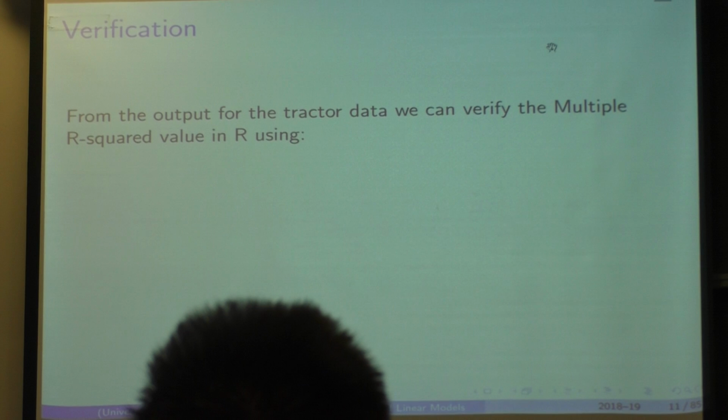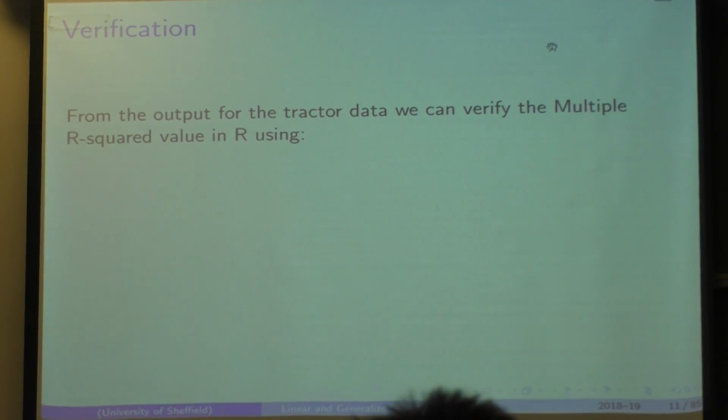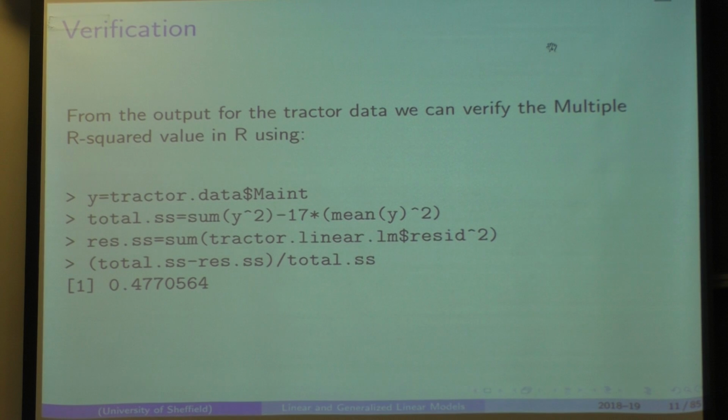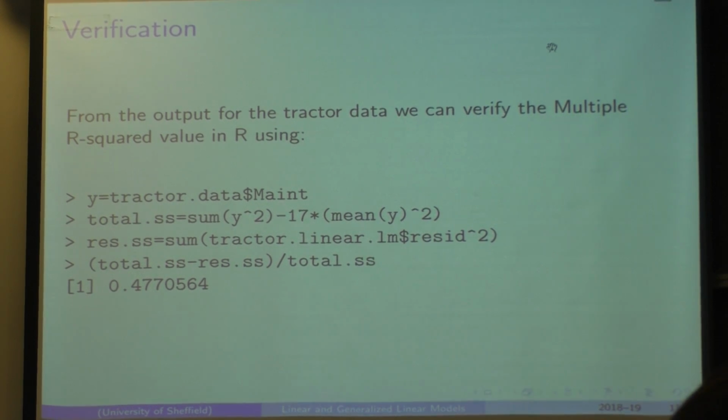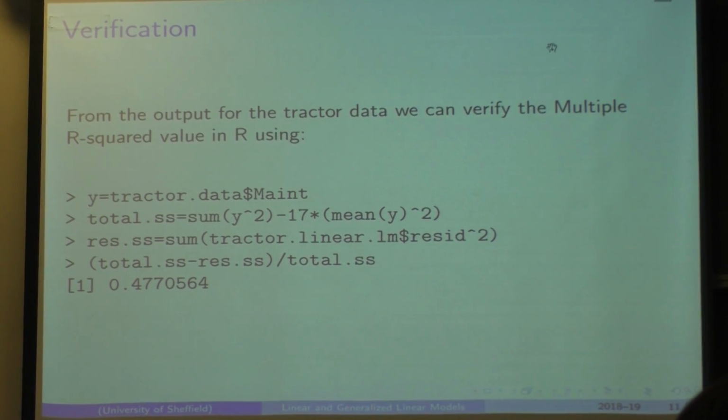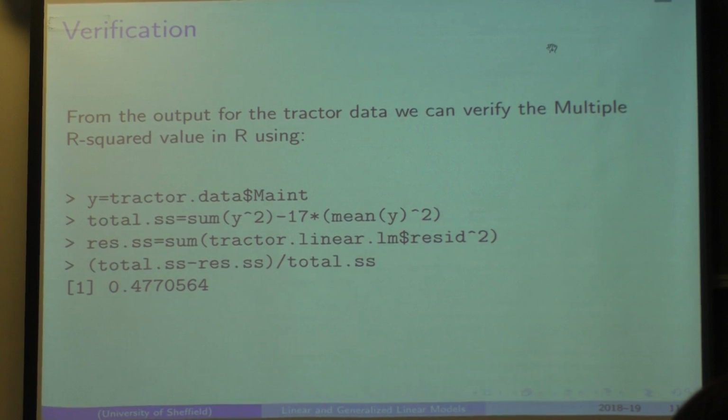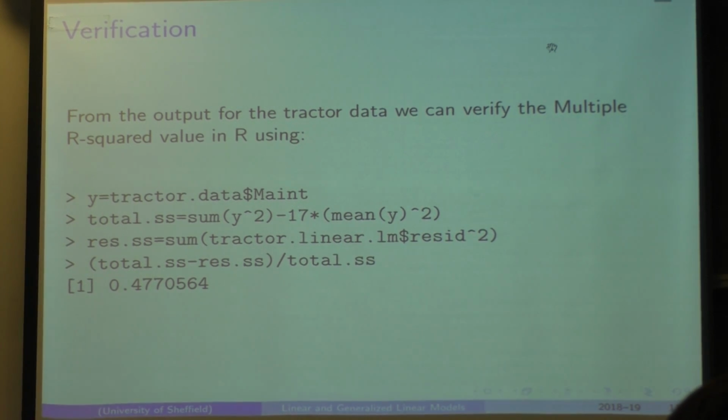Because R actually tells you the R squared value, you don't need to use the code that I'm going to show you very often, but it might be nice to just verify using this code that the formula that I've just shown you does indeed give the thing that R calls multiple R squared.